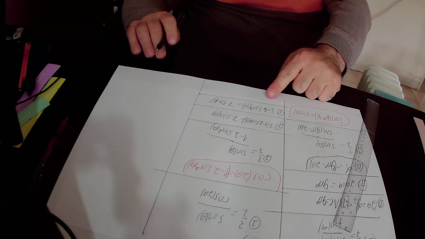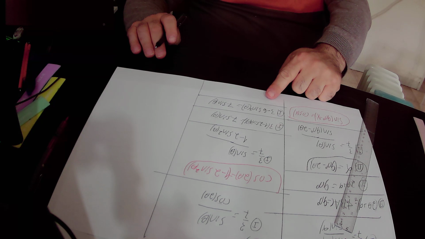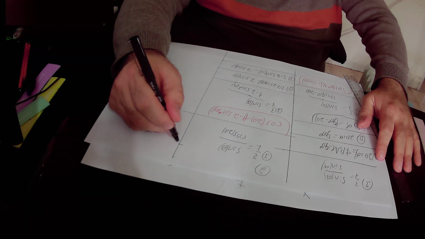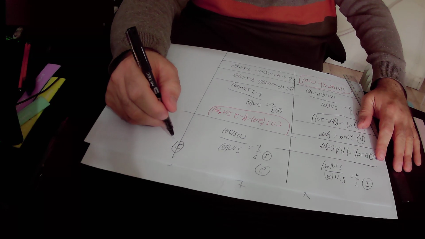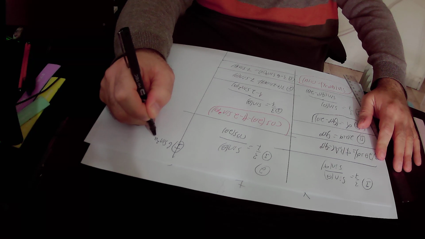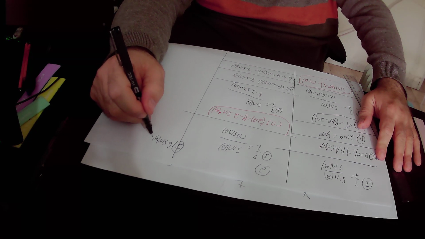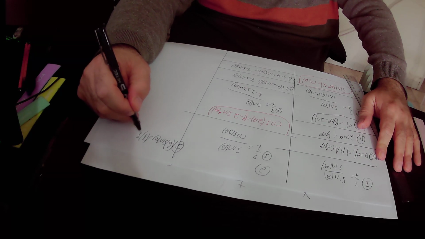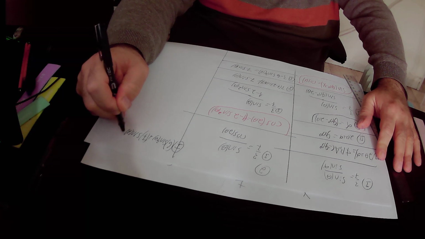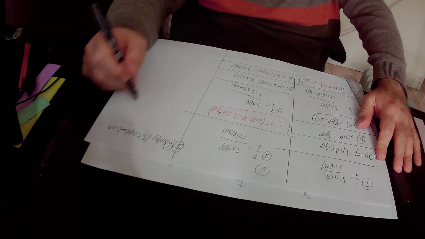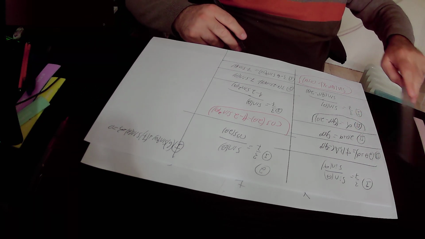Here we will add to this quadratic equation 6 sine square theta and subtract 3, and we will get that according to equation number 1, 6 times sine square theta plus 7 times sine theta minus 3 equals 0. We subtracted 3 also from this side of equation number 1.